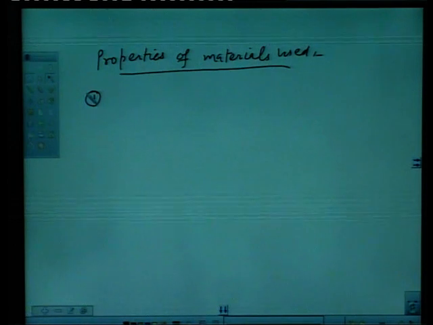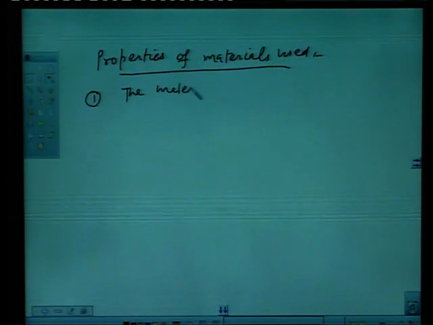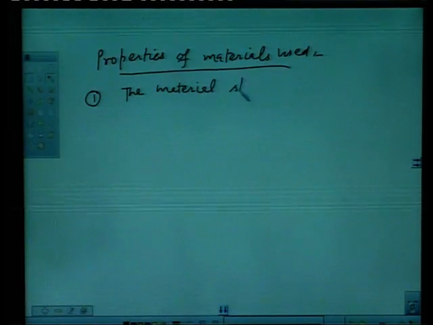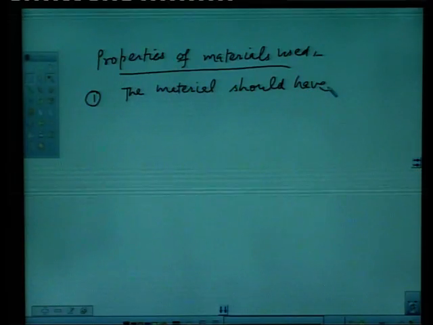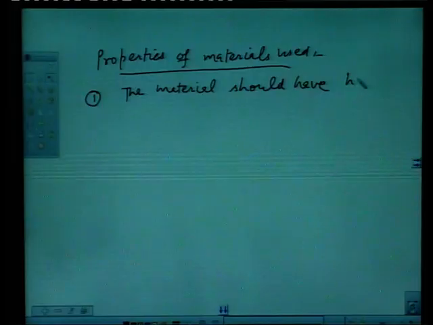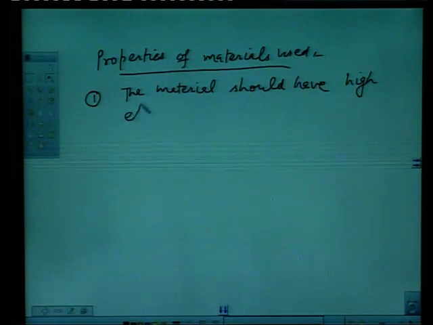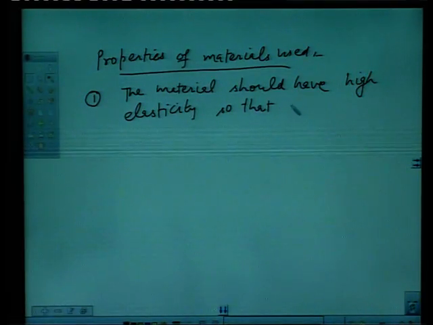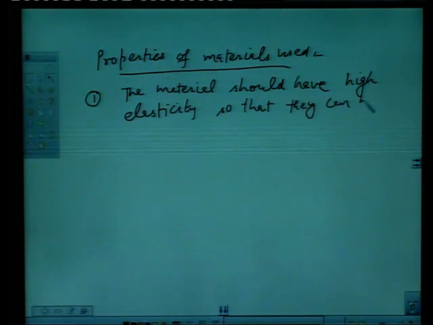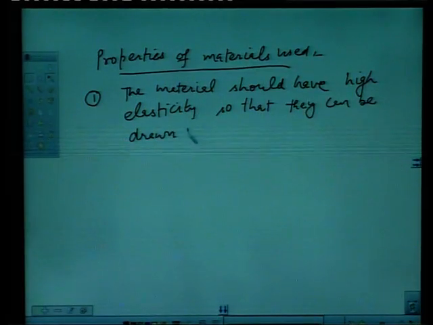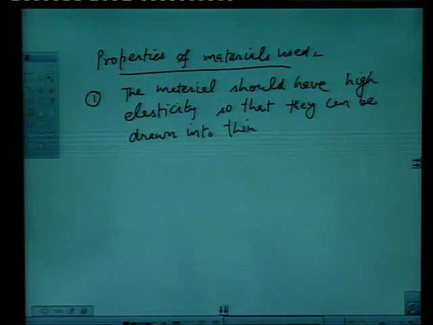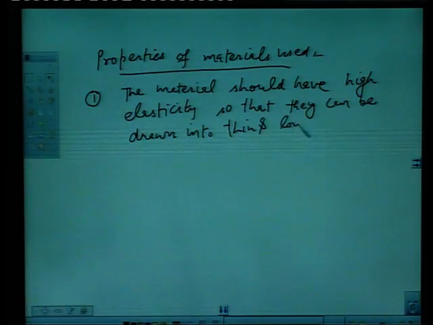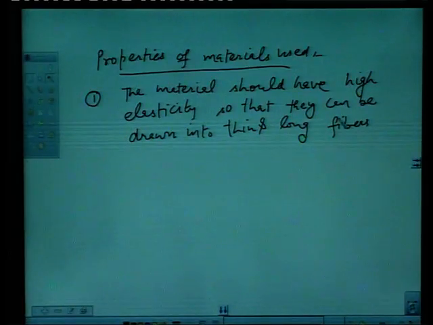The first property should be that the material should have high elasticity so that they can be drawn into very thin and long fibers. This is the first and most important property.